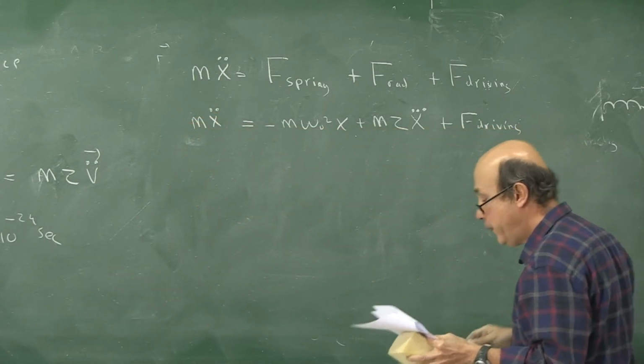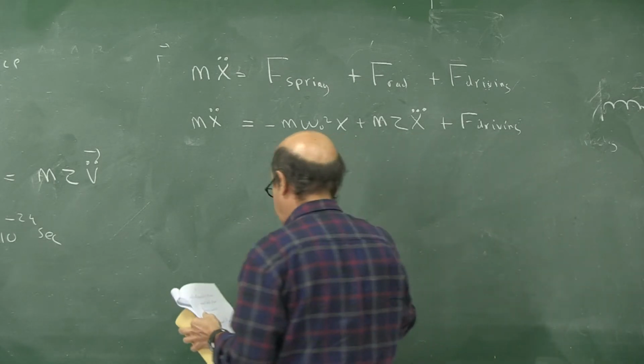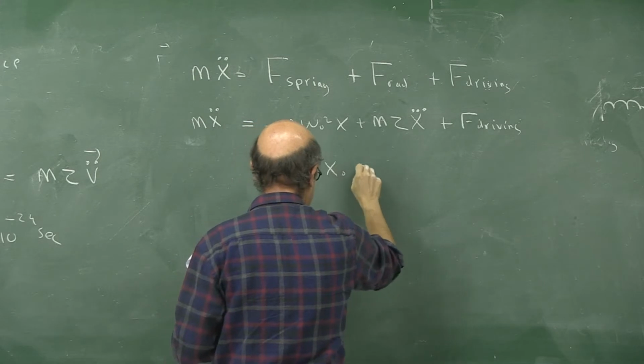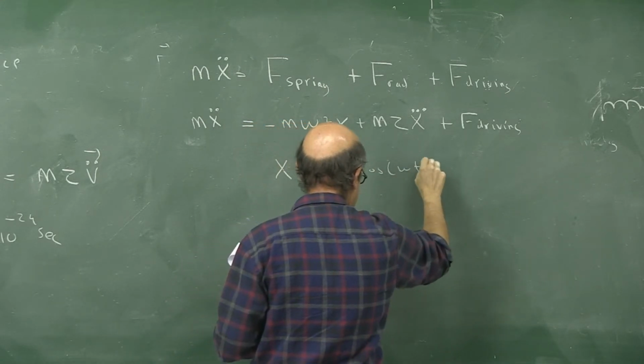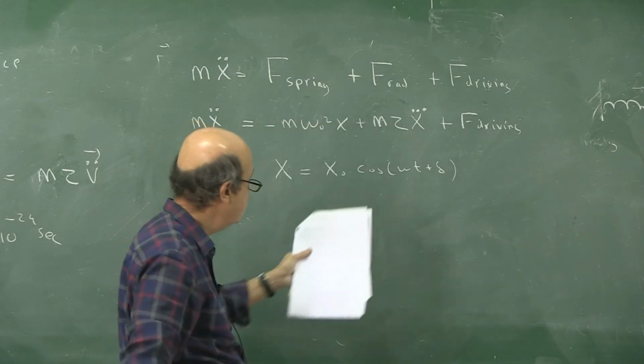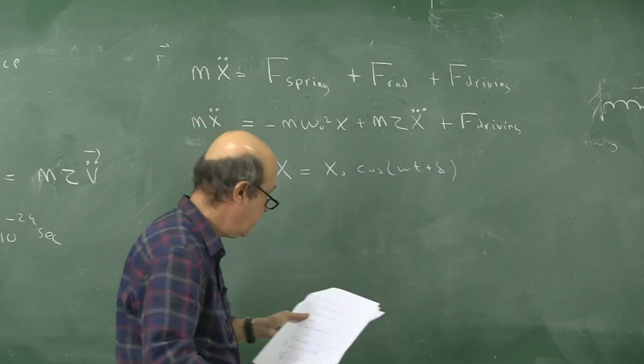Now propose a simple solution. Suppose that x is oscillating at some amplitude, some frequency, and it has a phase also. Suppose that x is an oscillating function, because the driving force will be an oscillating function.